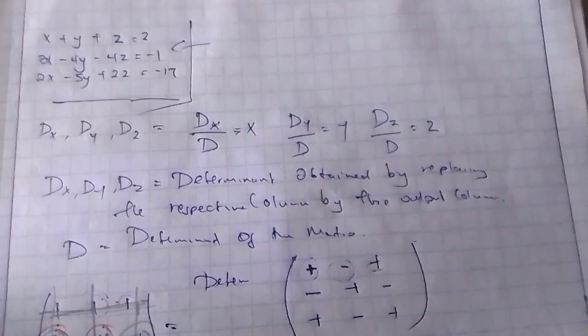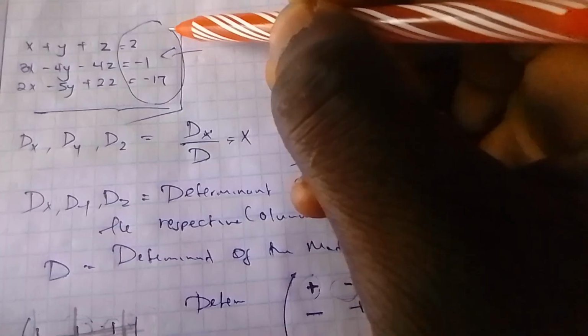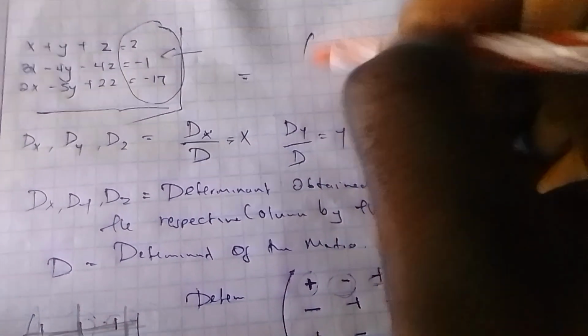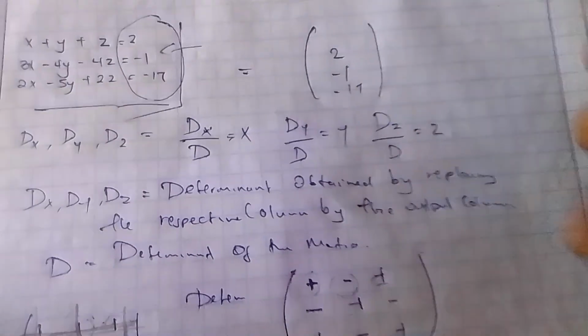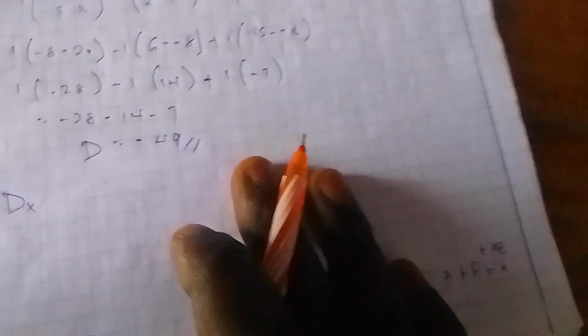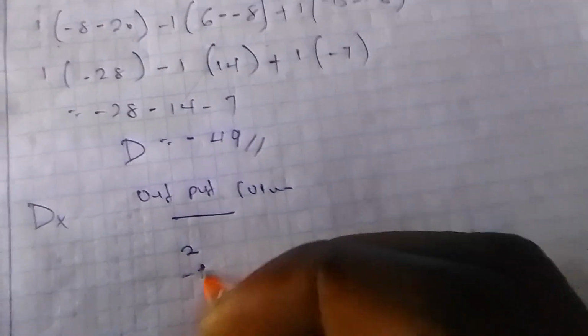Our output column is this. See, this is our output column, guys: 2, -1, -17. So the output column is 2, -1, -17.